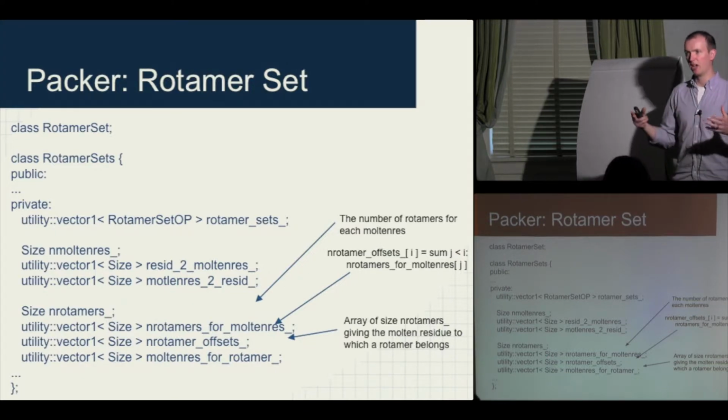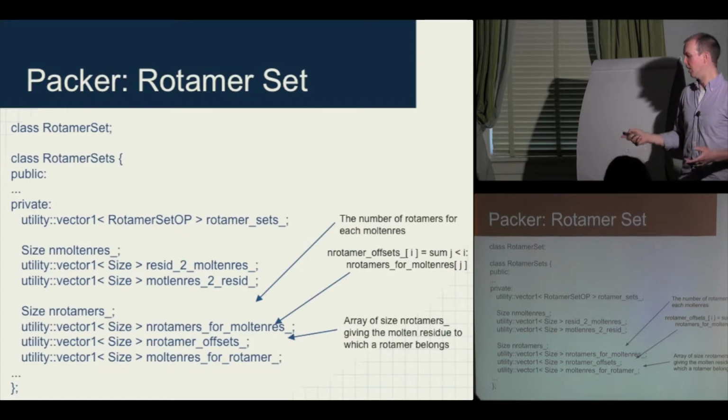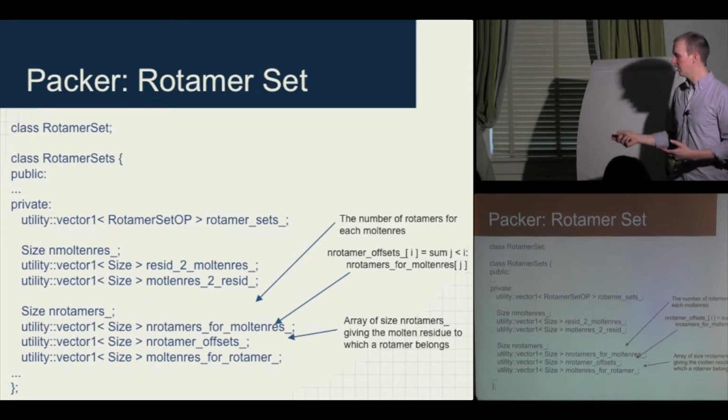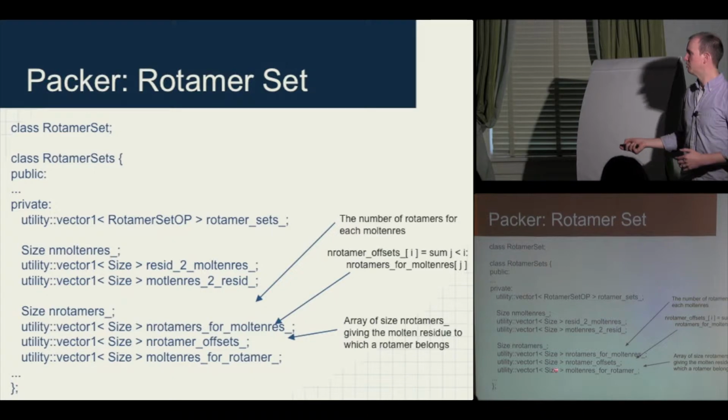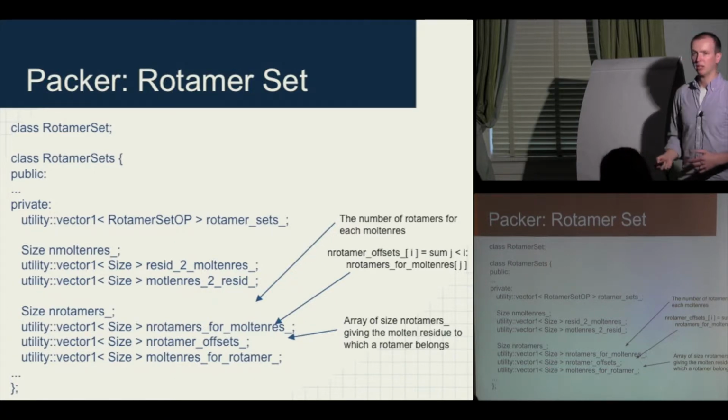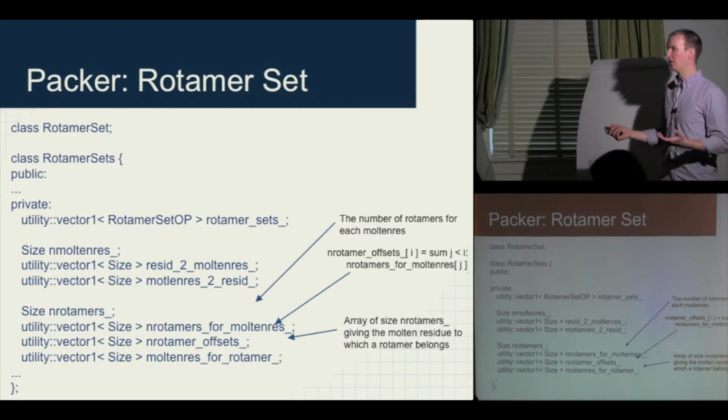And if molten residue 1 has 100 rotamers, then molten residue 2's offset would be 101. So that would be the starting position. And then it's nice to be able to say, if I have rotamer 10,024, what residue does that belong to? And that might belong to molten res 39 or something.